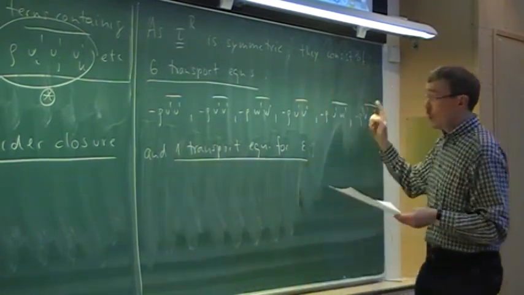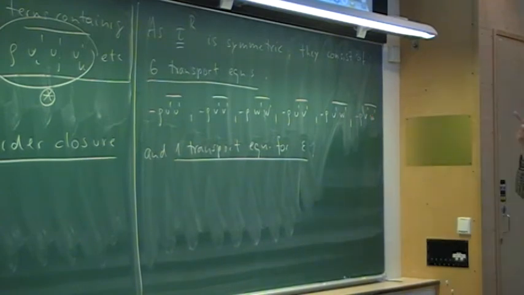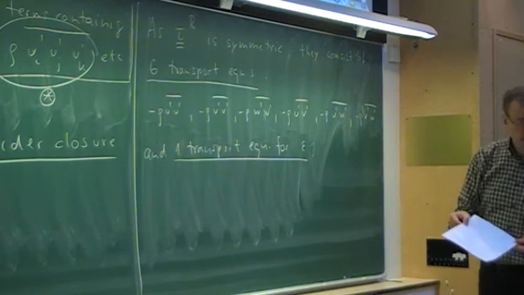Okay, so altogether 7 PDEs. So in addition to the momentum equations, which are 3 transport equations for the x, y, and z momentum, we have to solve 7 additional transport equations.